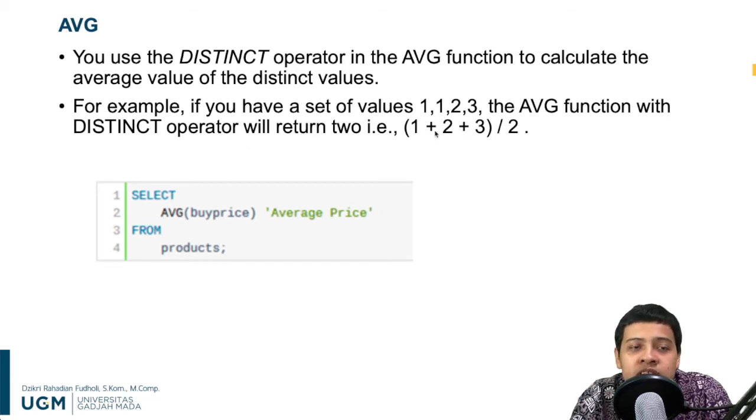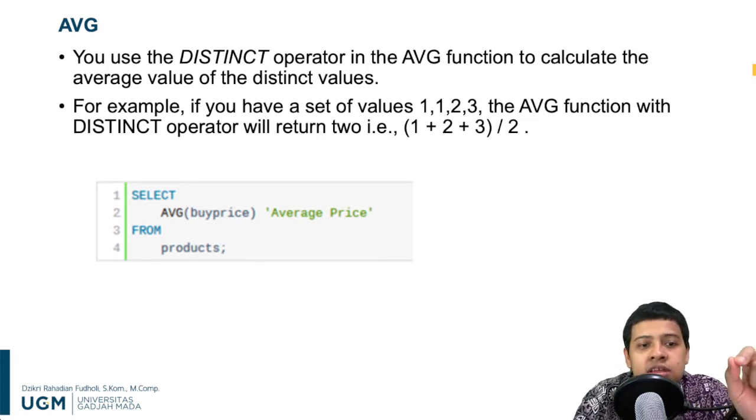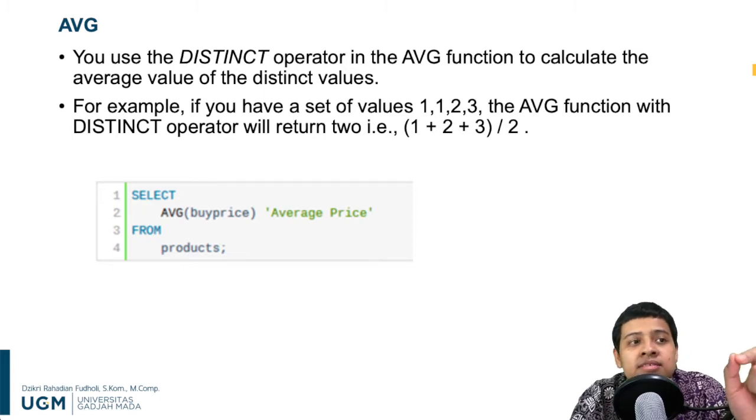So 1 plus 2 plus 3 divided by 3. This should be 3, I'm really sorry. So 6 divided by 3, which is 2. The 1 over here, because we use this, will only come out just once. So that's the distinct clause.